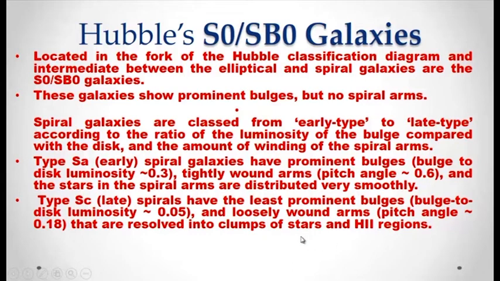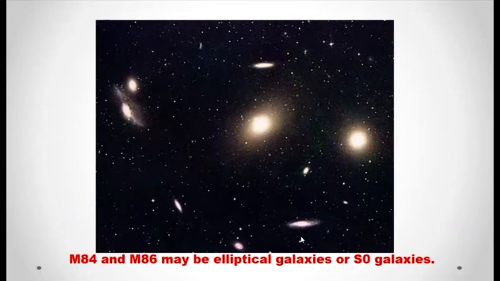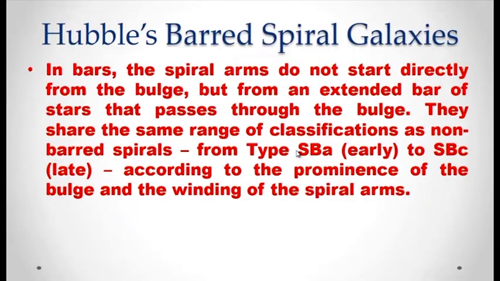So the spiral galaxies SA and SC are classified according to the bulge to disk luminosity ratio. So this is the example of M84 and M86, elliptical galaxies or S0 galaxies. Like that, many galaxies are observed by astronomers in this world.